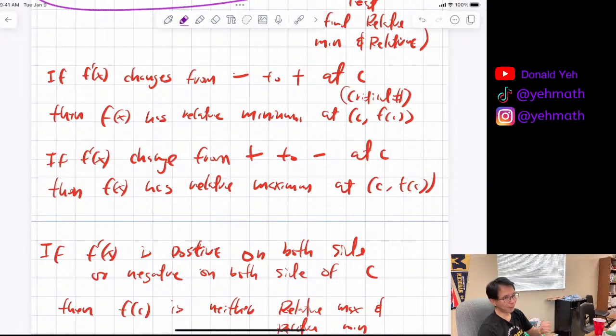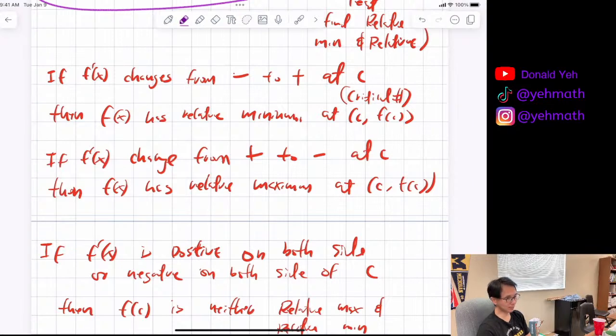Then f of x has a relative min at c, f of c, which is a relative minimum. Why? Because f prime of x is changing from negative to positive, meaning changing from decreasing to increasing. If anything goes decreasing then increasing, it has to be a relative min. And that's what the first derivative test states.